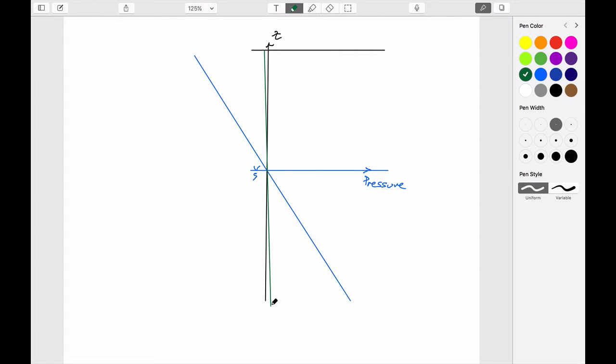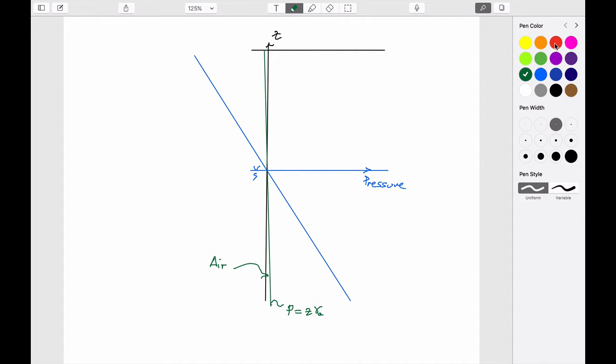And we know that the pressure is equal to elevation times the unit weight of air in this particular case. So this is the pressure distribution with depth for air.